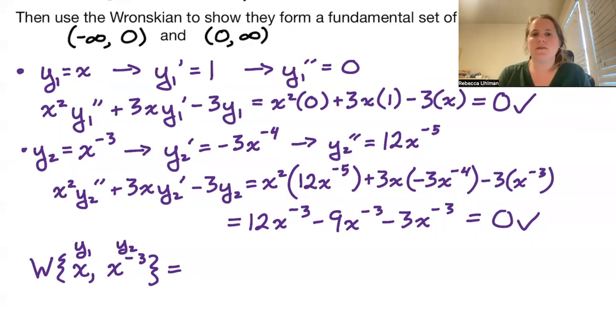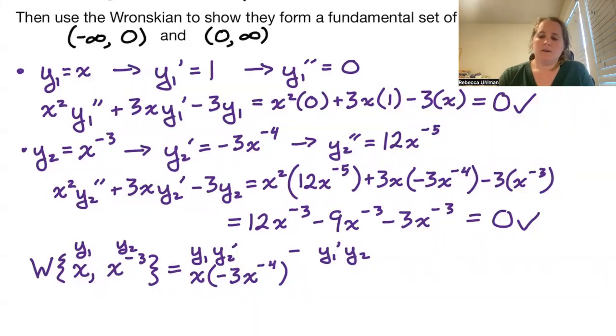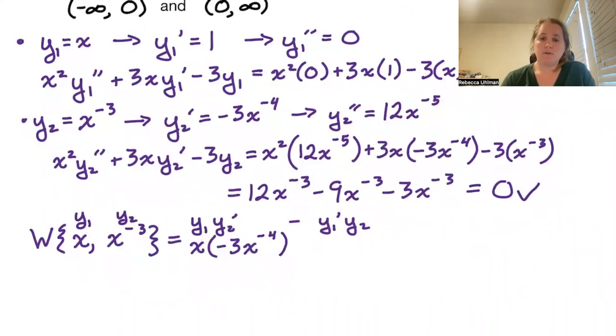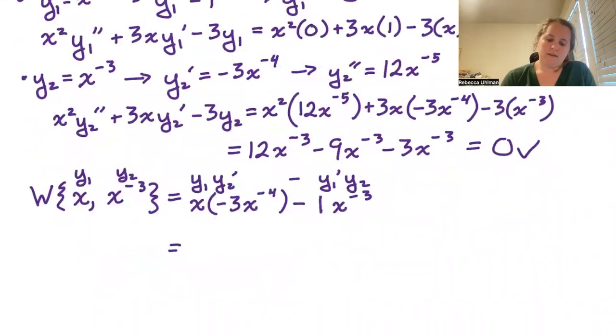I apologize, my screen's not updating. Right, so we have the Wronskian of y1, y2, which is y1 times y2 prime minus y1 prime times y2. So I'm just plugging in x and x to the negative 3rd. So y1 was x, y2 prime was negative 3x to the negative 4. And we are subtracting off y1 prime, which was 1, times y2, which was x to the negative 3. So the Wronskian is negative 3x to the negative 3 minus x to the negative 3, or negative 4x to the negative 3.